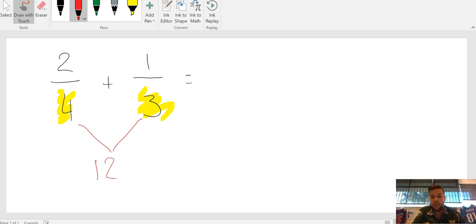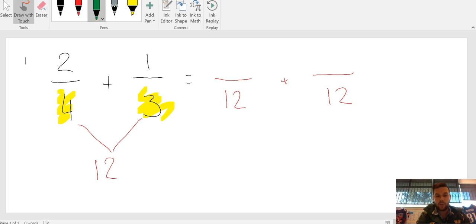So what that means is we need to make our denominator number 12. Something over 12 plus something over 12. To make it like that, what must we do? Well, to get our 4 to the number 12, we must multiply that by 3.